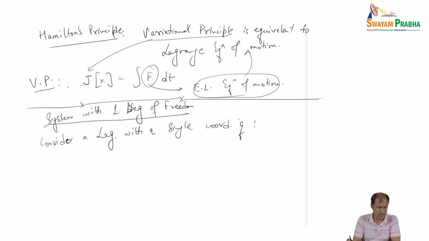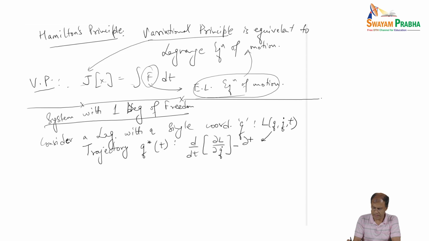And what we see is that L of q comma q dot comma t is going to be, so what is it? So if we were to write the equation of trajectory, then the trajectory q star is going to be d dt of partial L partial q dot minus partial L partial q is equal to 0. So that is the trajectory which satisfies the Lagrange equation of motion.